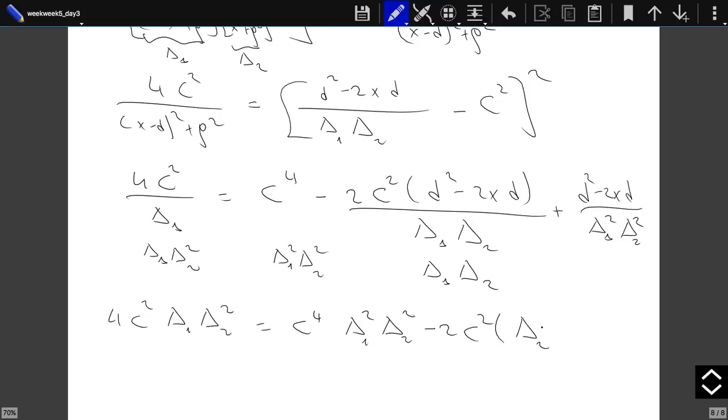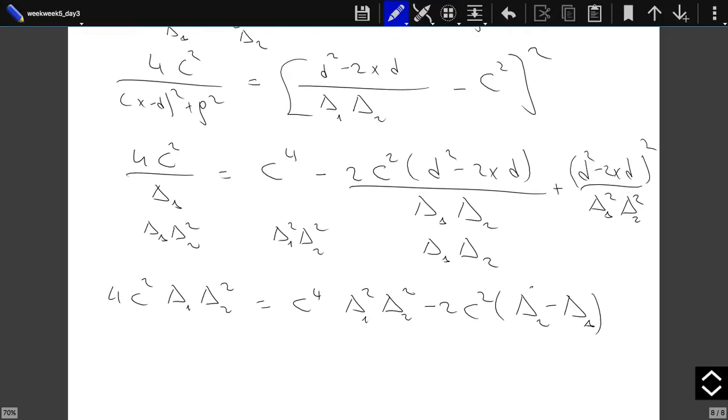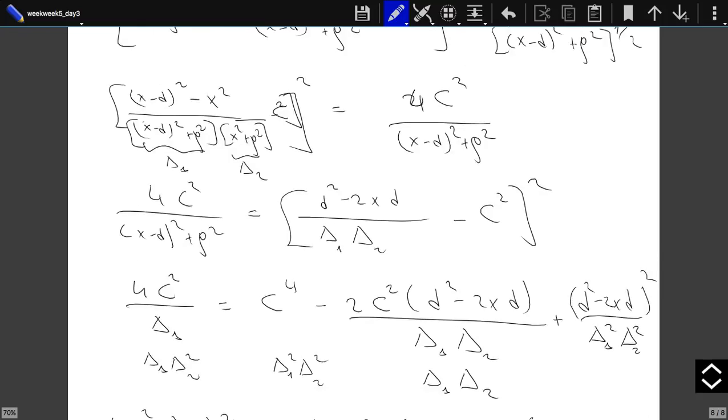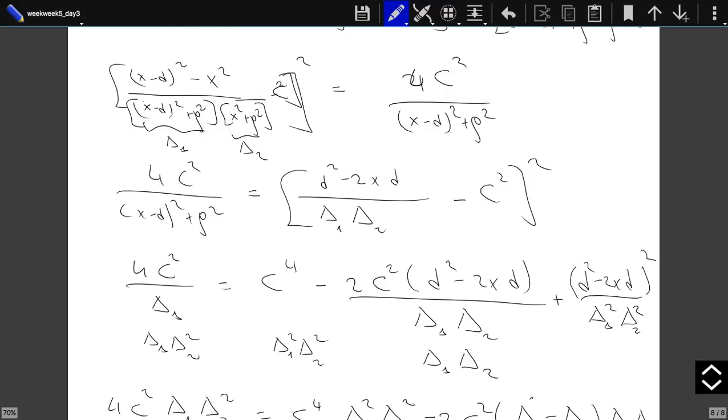Well, this is in fact delta 2 minus delta 1. And this one is, here I have this square of this 1 plus delta 2 minus delta 1 squared. Which one? Minus 2c squared. No, delta 1 times delta 2. And what else did I miss?